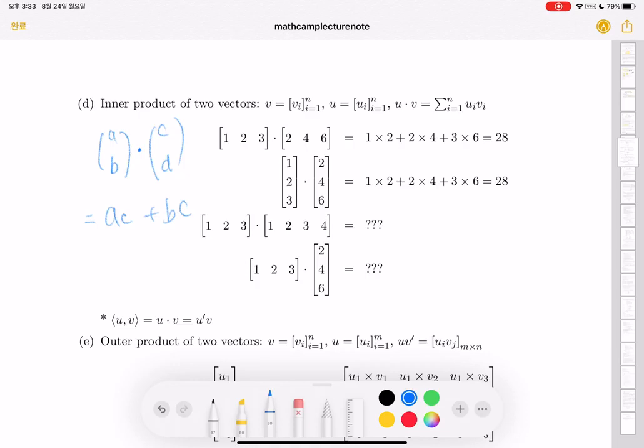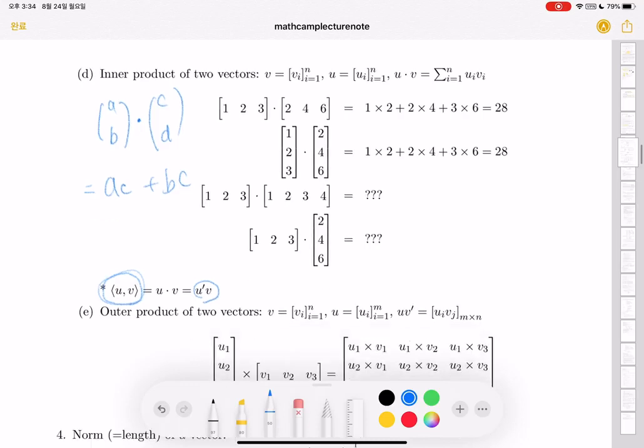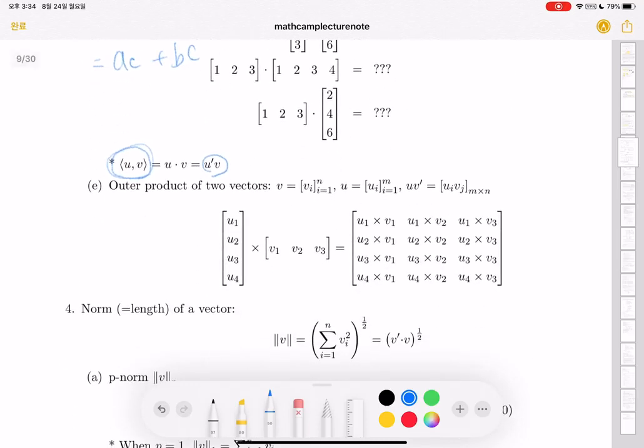Sometimes this notation may be used for the inner product, and by definition, the inner product of vectors u and v is u transpose v. There's also the outer product. We probably won't use the outer product quite often, so let's just skip this.